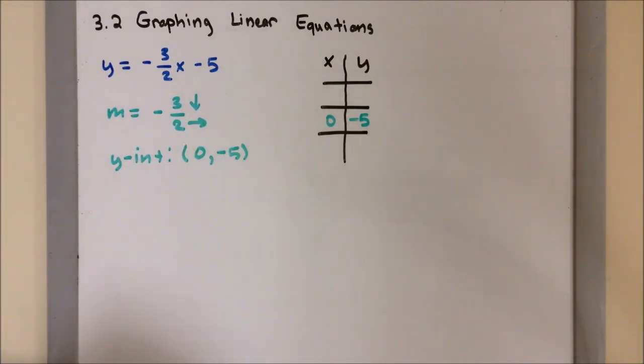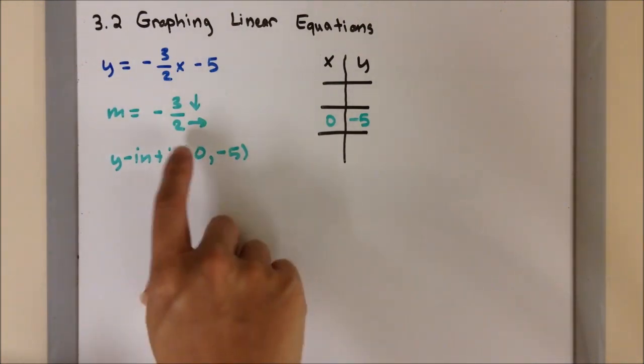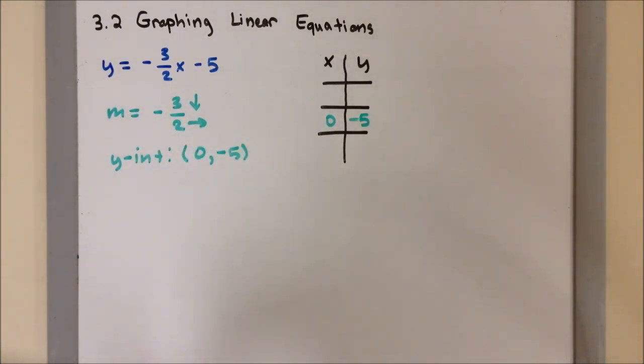Now, in our slope, our denominator is 2. That means you have to pick numbers that are divisible by 2. Now, a rule of thumb is that you pick one x value to the left of 0 that's divisible by 2, and one x value on the right of 0 that's also divisible by 2.